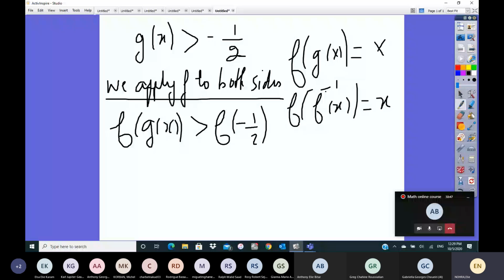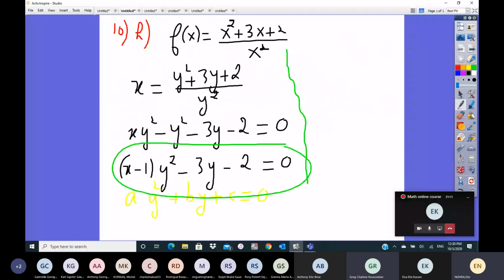In the course we saw f of g of x equals what? No, we're not finding the domain Elsa, we're applying the composite function. So x greater than f of minus half. Let's do f of minus half, replace x by minus half. What do you get?